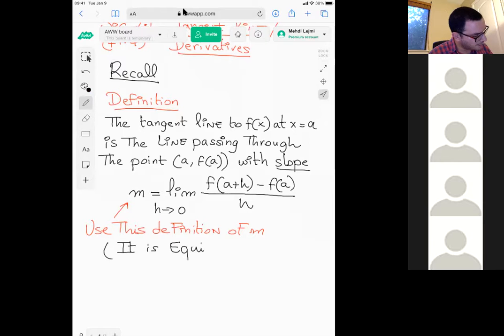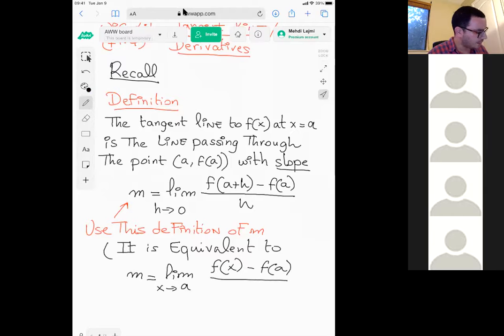It's the same definition, you get the same answer. m equals the limit as x goes to a of f of x minus f of a, over x minus a, right?